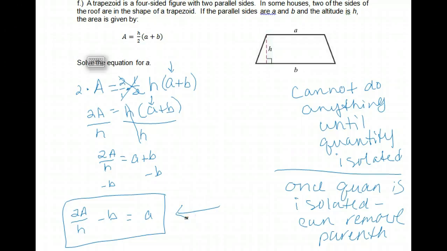Do one mathematical calculation and find the length of your roof, rather than plugging those values in to here, here, and here, and doing a ton of ugly manipulation, all to solve for A.